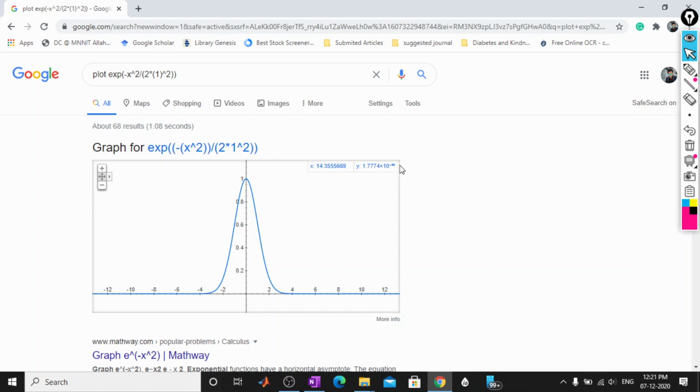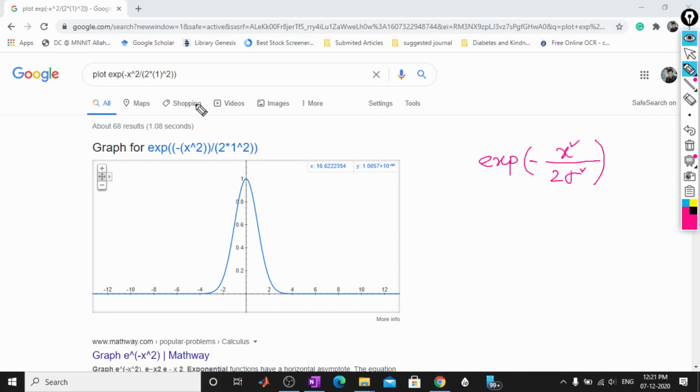So now I am going to Google. I am typing plot this function, exponential of minus x square divided by 2 sigma square.